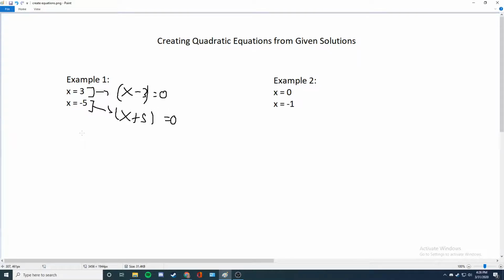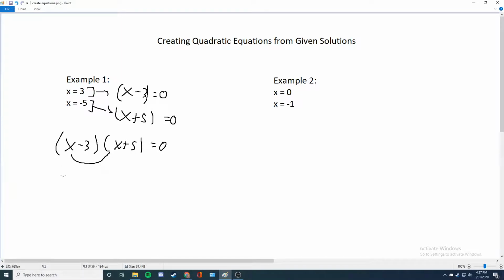So to get to the original equation, we have to take these two factors and just multiply them to each other. So we get x minus 3 times x plus 5 all equal to 0. So to get to the actual equation from here, we'll just have to FOIL this out.